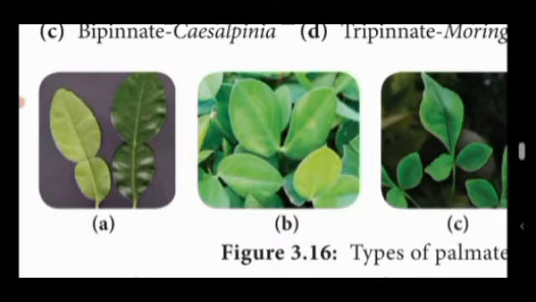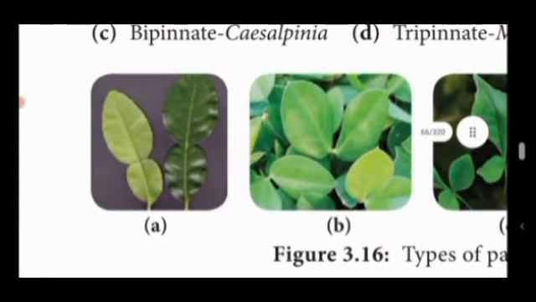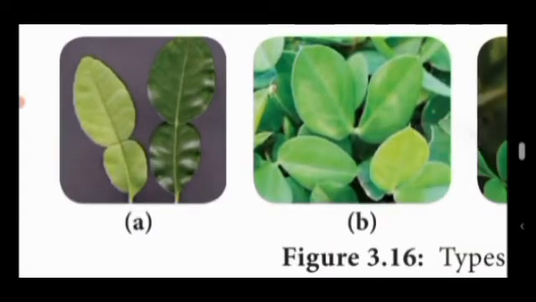Palmately compound leaf is also classified into unifoliate, bifoliate, trifoliate, quadrifoliate and multifoliate. First, unifoliate compound leaf. In a unifoliate compound leaf, a single leaflet is attached to the petiole. Example: citrus, Desmodium gyrans.